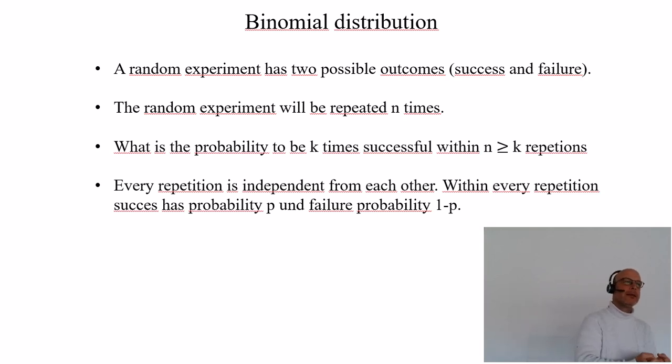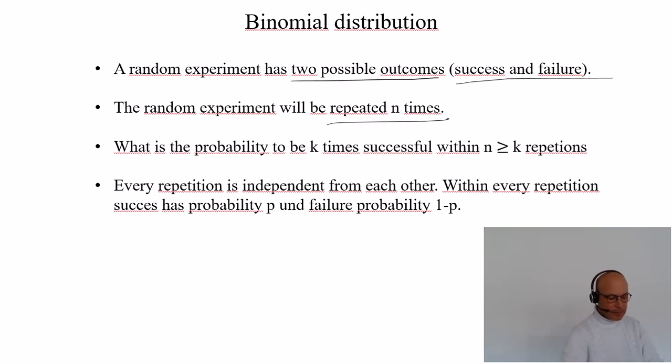Well, not the situation that every event of these two possible events is just 50%, but quite often, as you have seen here, ill or not to be ill, so the event and the complementary event depend on each other just with the probability p and 1 minus p. So a random experiment with two possible outcomes, success or failure, and we repeat this flipping the coin n times.